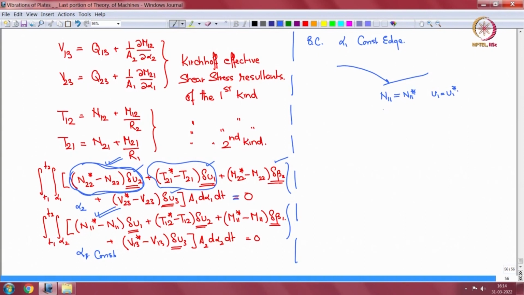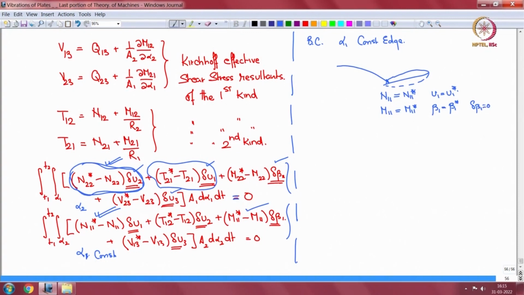Similarly, M11 from within the structure is equal to what is applied exterior, or beta 1 is specified. That is why delta beta 1 is 0.